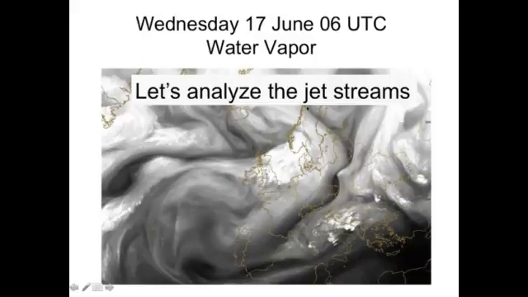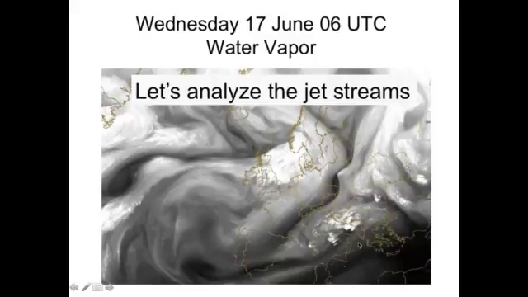Then we have another jet stream from Norway going through Latvia and all the way towards the north part of the Alps and towards Spain. Then there are other jet streams all over. I see also something here in the western part of the Mediterranean above Tunisia. So there is another jet stream.